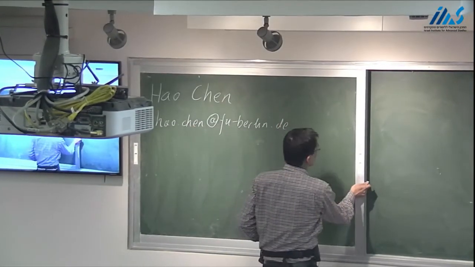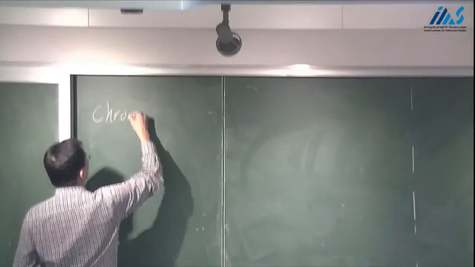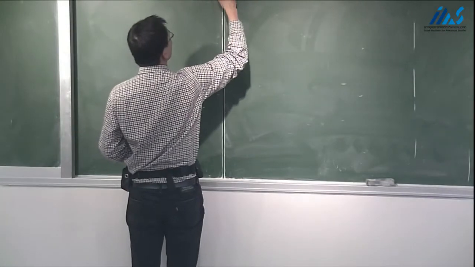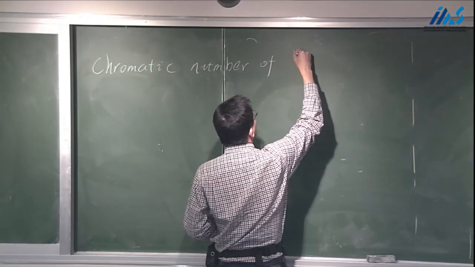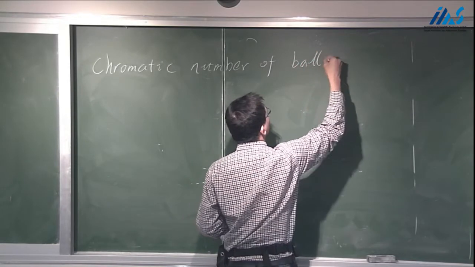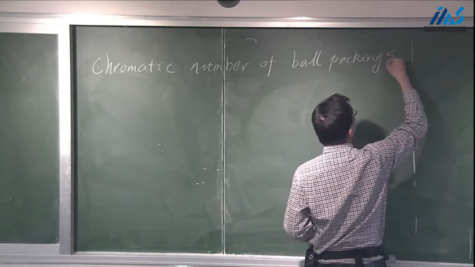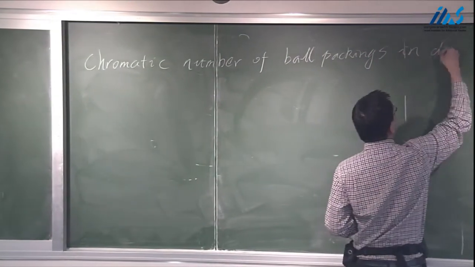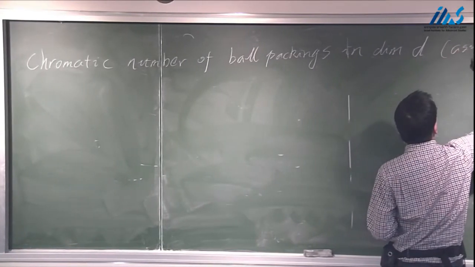Well, I have two problems. First, the chromatic number of ball packings in dimension D, asymptotically.